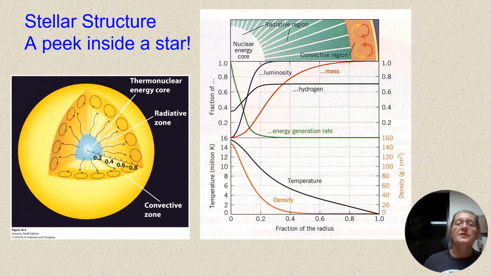Then as the temperature decreases and the opacity of the gas increases near the surface of the star, convection, in the form of those circles with arrows you see there in the convective zone, energy transport becomes more efficient.